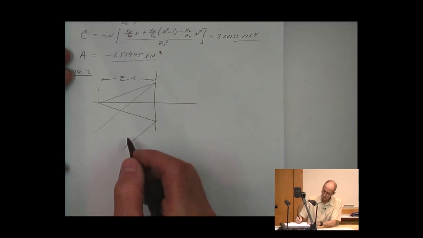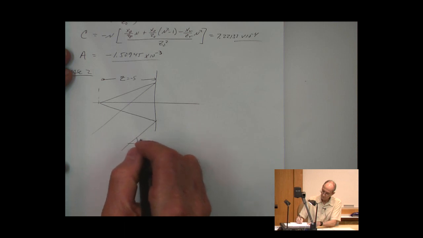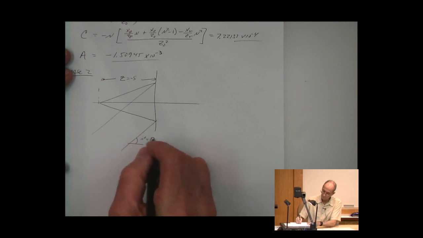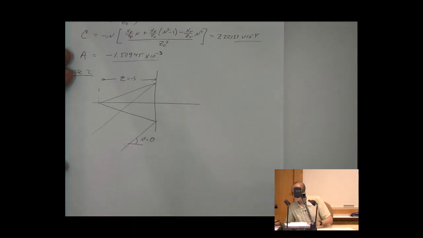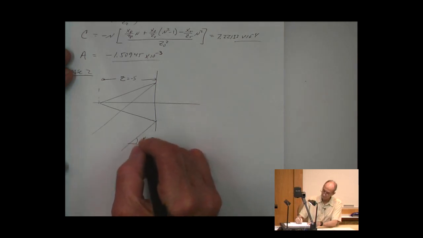So we have a beam here of 11 degrees for theta r.